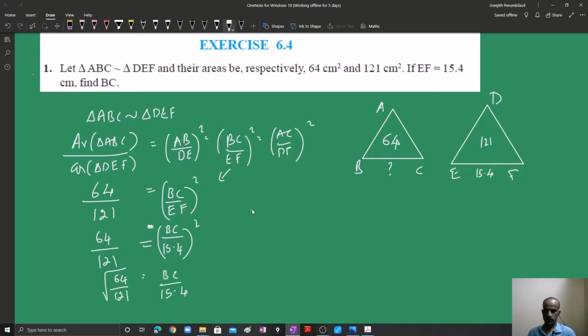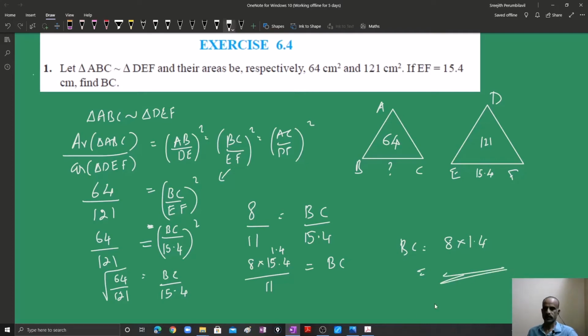What is the root of 64? 8 by 11 is equal to BC divided by 15.4, or 8 into 15.4 divided by 11 is equal to what? BC. How many times will 11 go? 1.4 times. Right? So BC is equal to how much? That is equal to 8 into 1.4. Find it out.